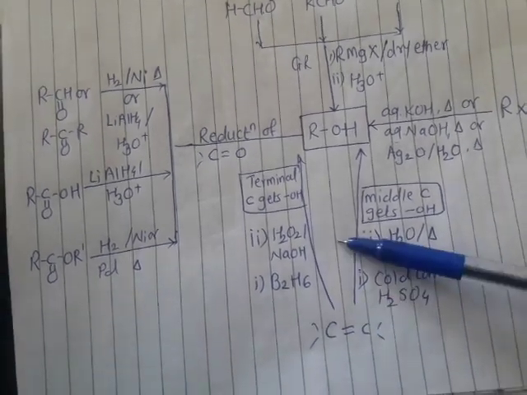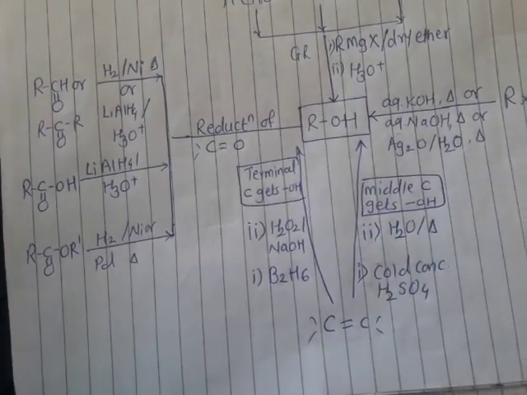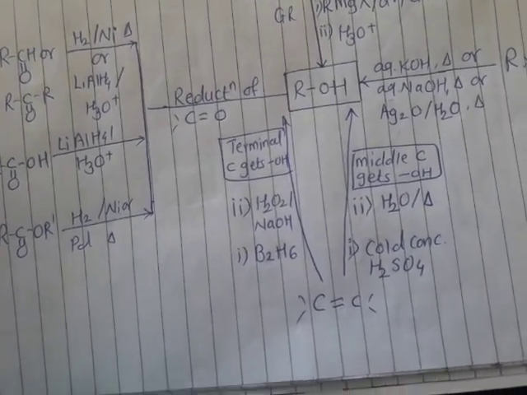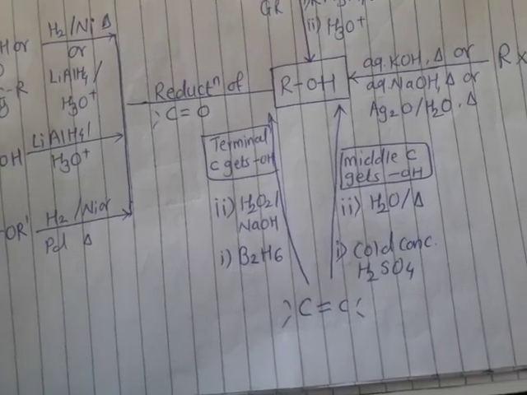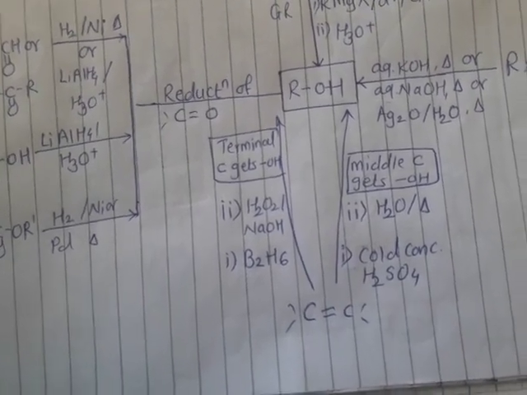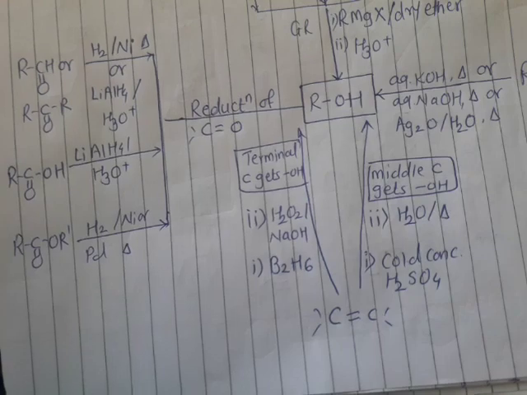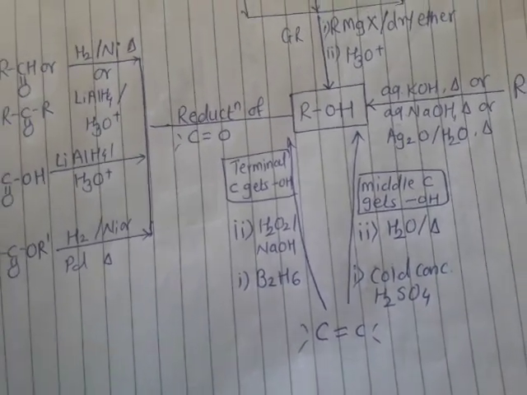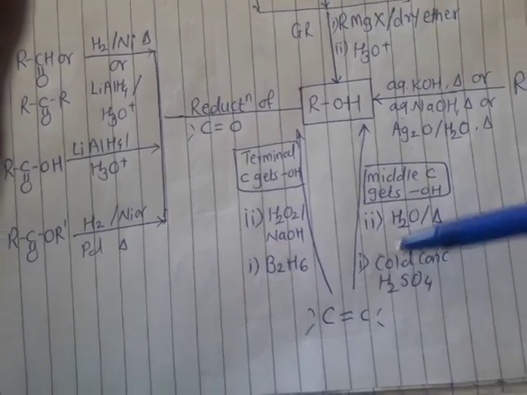And this is another method, hydroboration oxidation. By this method propene can be converted into N-propyl alcohol. Did you get the difference in these two reactions? Here addition is according to Markovnikov's rule, and in the second case addition is not according to Markovnikov's rule.